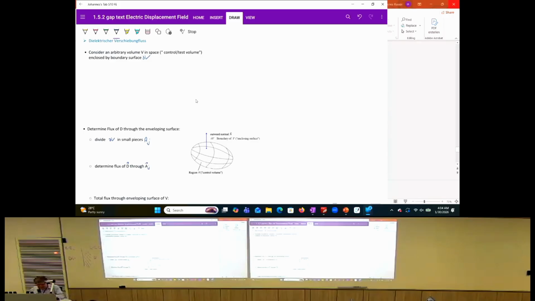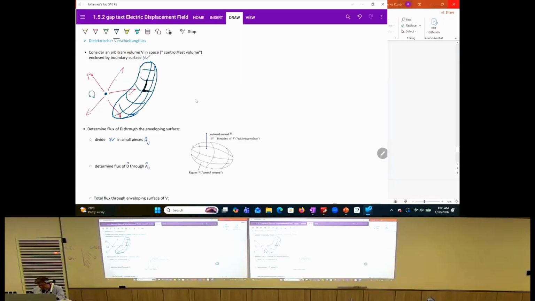And here you have the scenario where you have our charge Q, you have our electric field lines, and you have some kind of volume here. Imagine this to be some kind of tube, but it's closed. And you have anywhere some surface element.